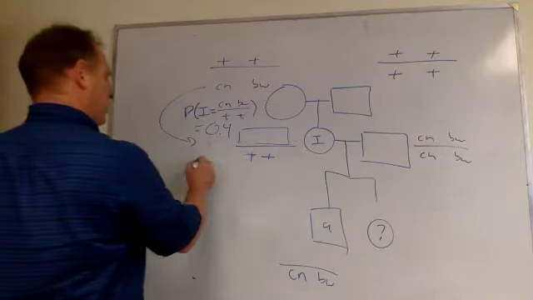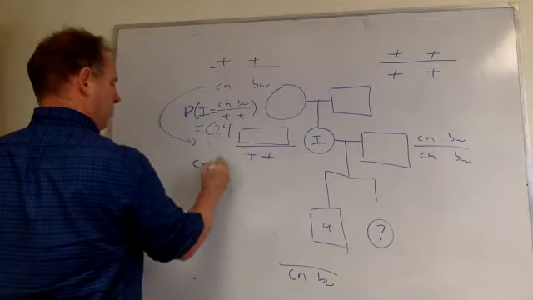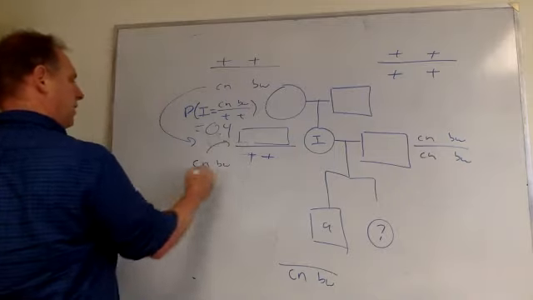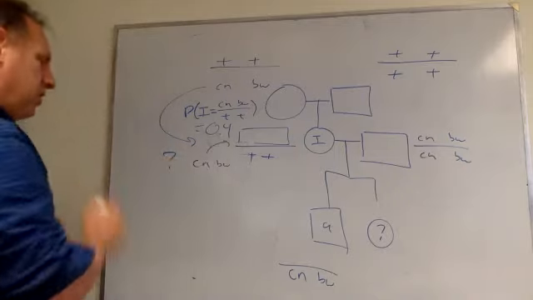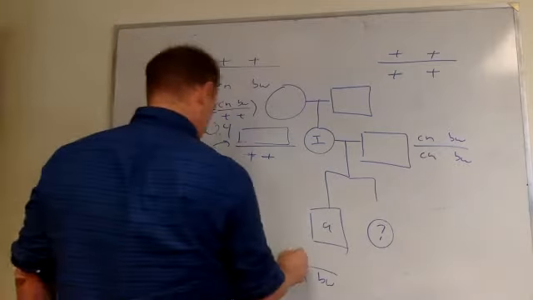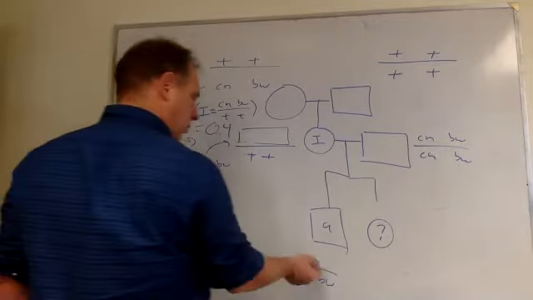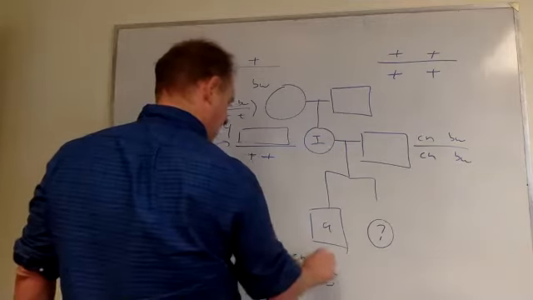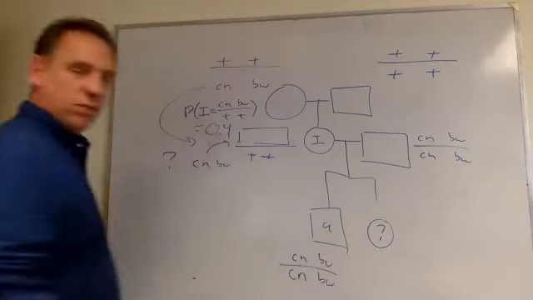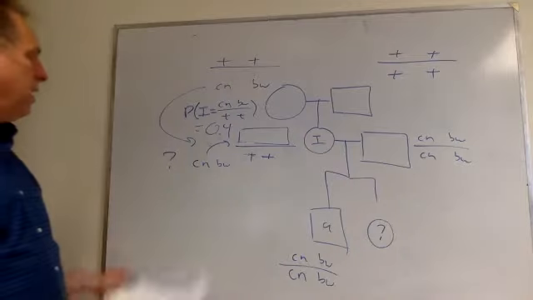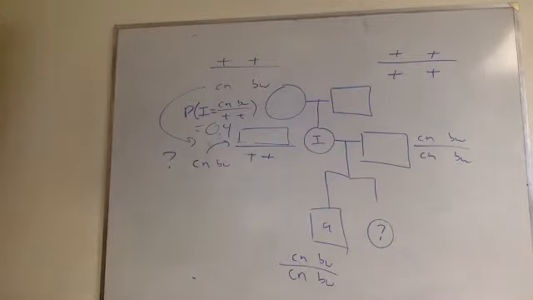And then we think maybe this individual could be this, right? The question is, what's the probability that A has white eyes? So in order for A to have white eyes, this had to be the case. It had to have inherited the two alleles together.